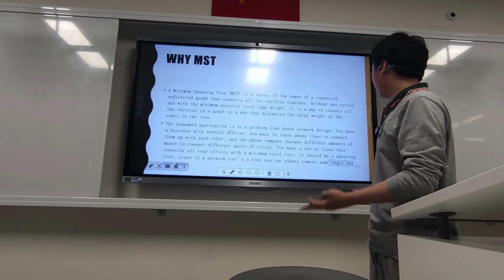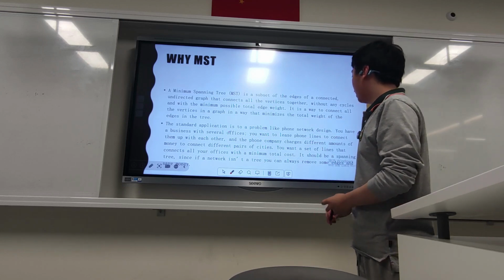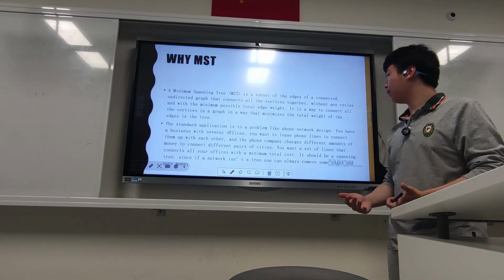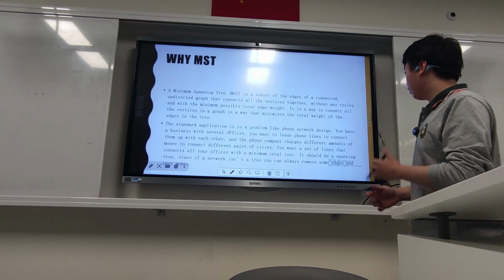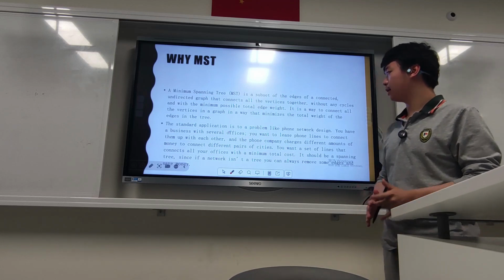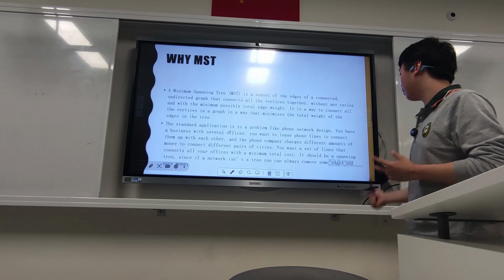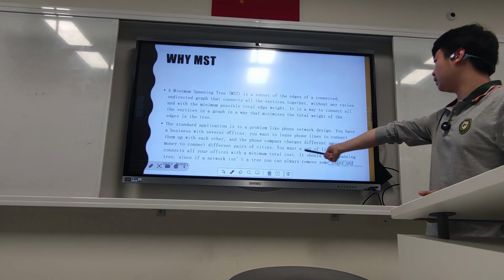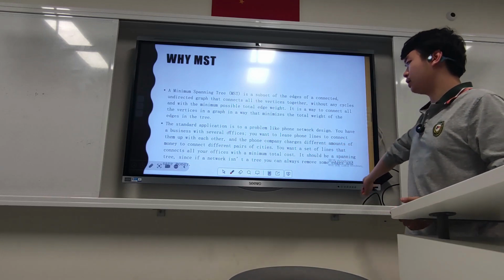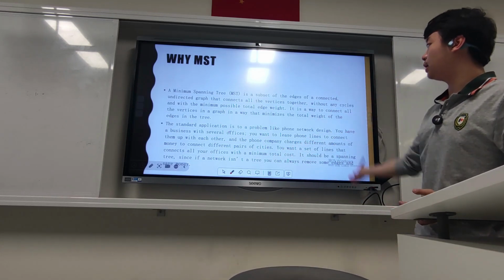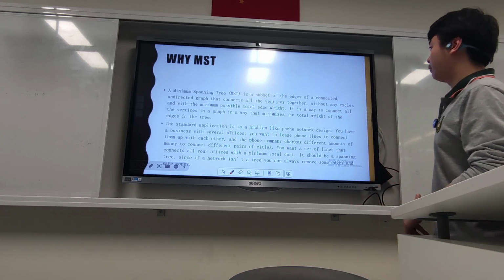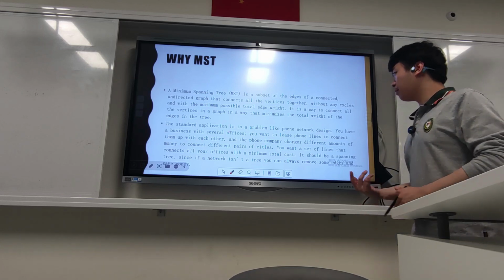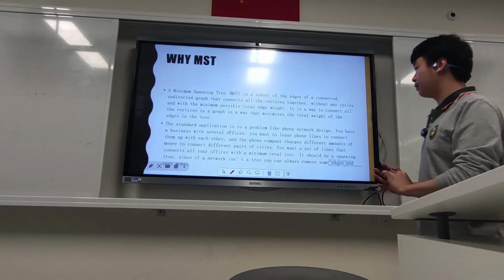You want phone lines to connect them with each other, and the phone company charges different amounts of money to connect different pairs of cities. You want a set of lines that connects all your offices with a minimum total cost, and it should be a spanning tree. Since if a network isn't a tree, you can always remove some edges and save your money. So that is the direct application of MST, and it is also used to solve other problems, so we'll perhaps talk about that later.